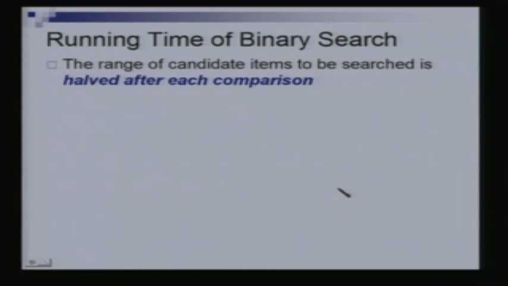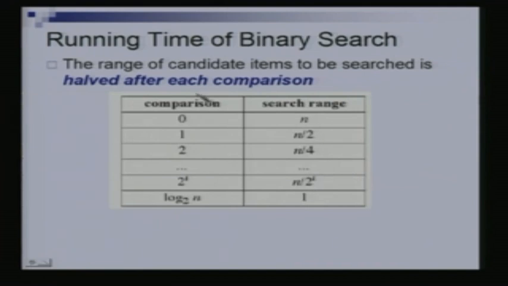So, if initially the range of elements in which I am searching for my key is n, then after the first comparison it goes down to n by 2. After the second comparison, the range goes down to n by 4, and so on. After log n comparisons, the range would go down to 1, and when the range goes down to 1, either it is that element or it is not, and you can stop. So, you will roughly require log n base 2 comparisons.